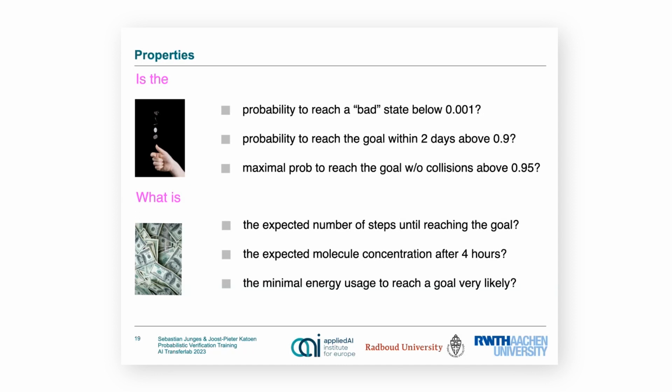Or, in the biology example, what's the expected concentration of certain molecules after a certain amount of time? Or, in terms of energy consumption, what's the minimal energy usage to reach a goal? And you would like to reach that goal with very high probability, let's say at least 0.999. These are the kinds of questions that you can address with model checking.